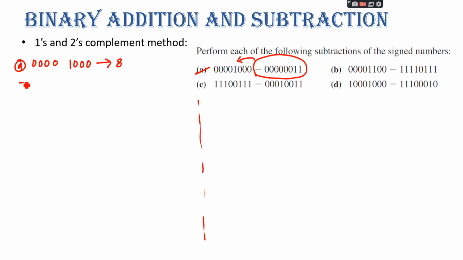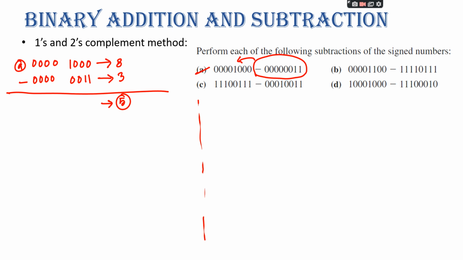And I need to subtract from it the number 0 0 0 0, then 0 0 1 1. So it gives you 3, right? Yes, sir. So if we subtract, what should be the outcome? 5, right? Yes, sir.